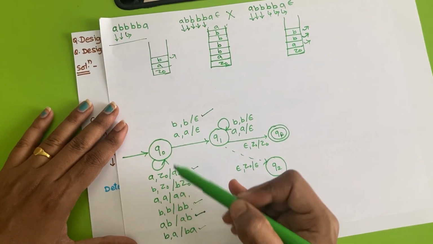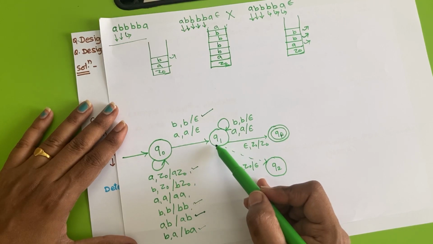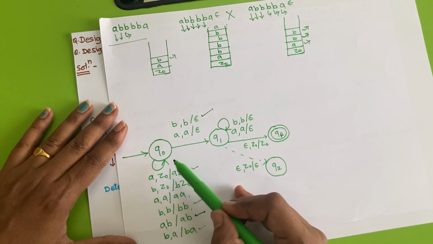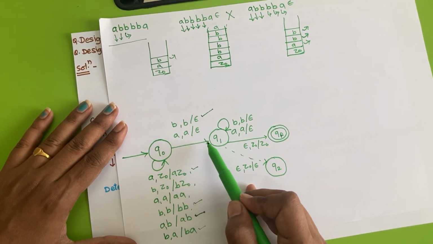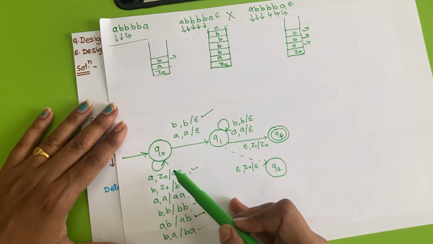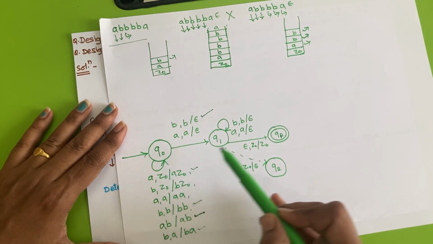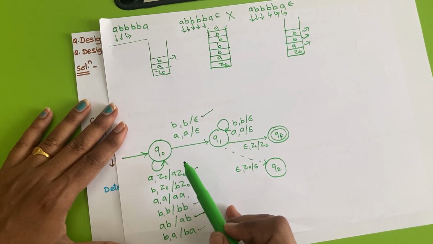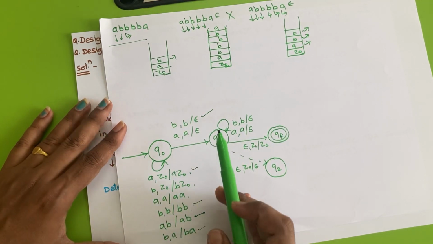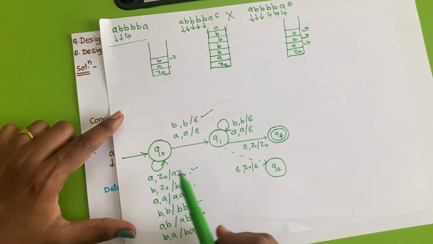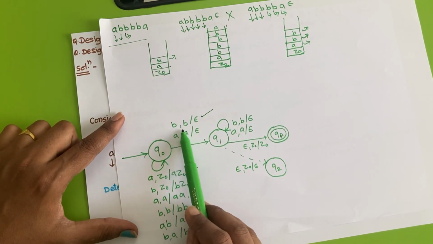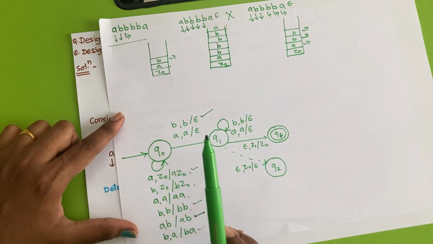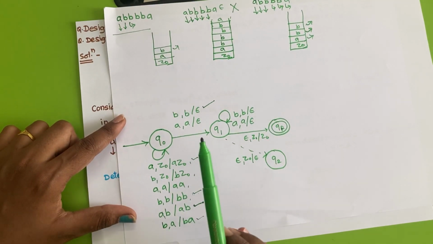Either we can perform this operation or we can perform these operations. We have to choose which transitions to perform to reach the final state. This cannot happen with the previous examples of deterministic finite automata, where for a single situation of input symbol and top of stack, we have a single operation to be performed.